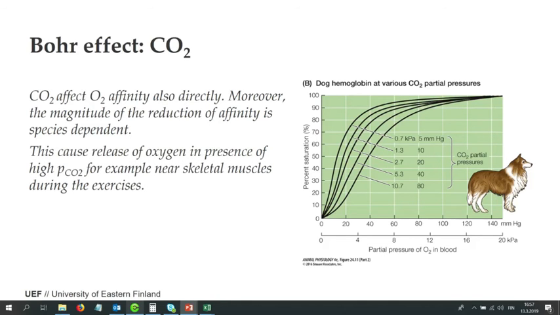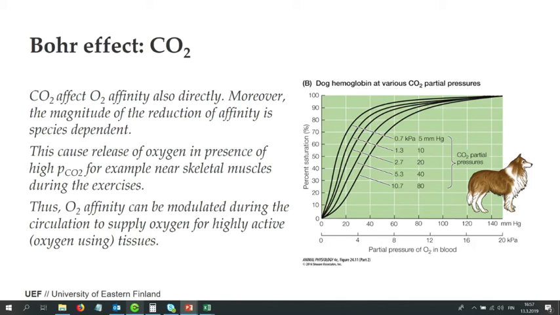And the good point is that when you have skeletal muscle that is using a lot of oxygen and therefore producing a lot of carbon dioxide, you are releasing more oxygen in that area. And this actually means that now the oxygen affinity is modulated during the circulation, even with the same molecule.